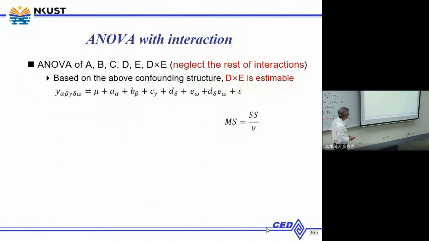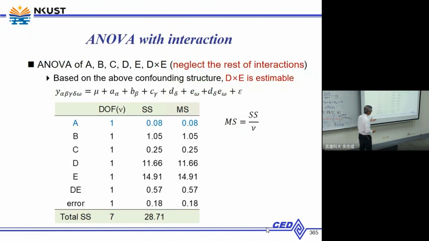The concept is very simple. What is the net sum of square? It is the original sum of square minus the error. Because when we estimate this sum of square, we use 1 degree of freedom, so we have to subtract the error.